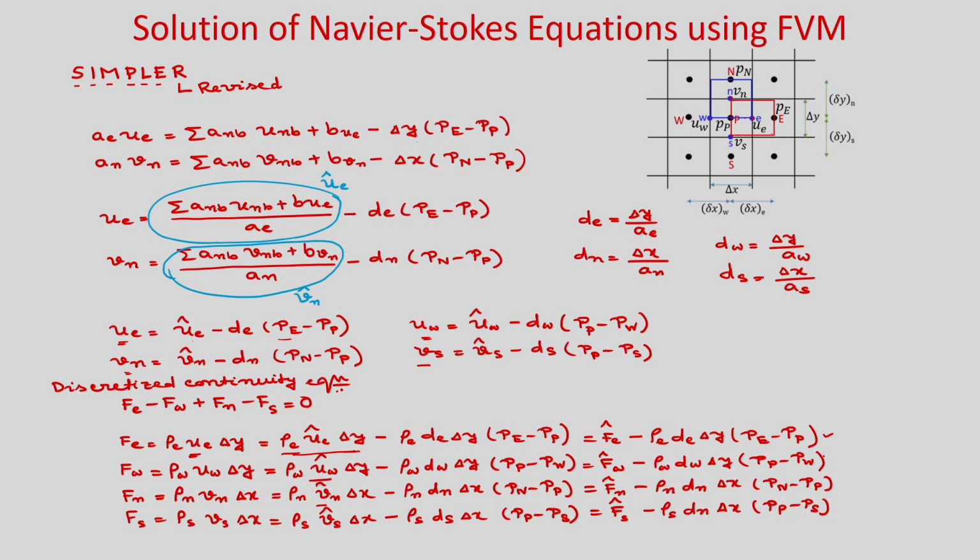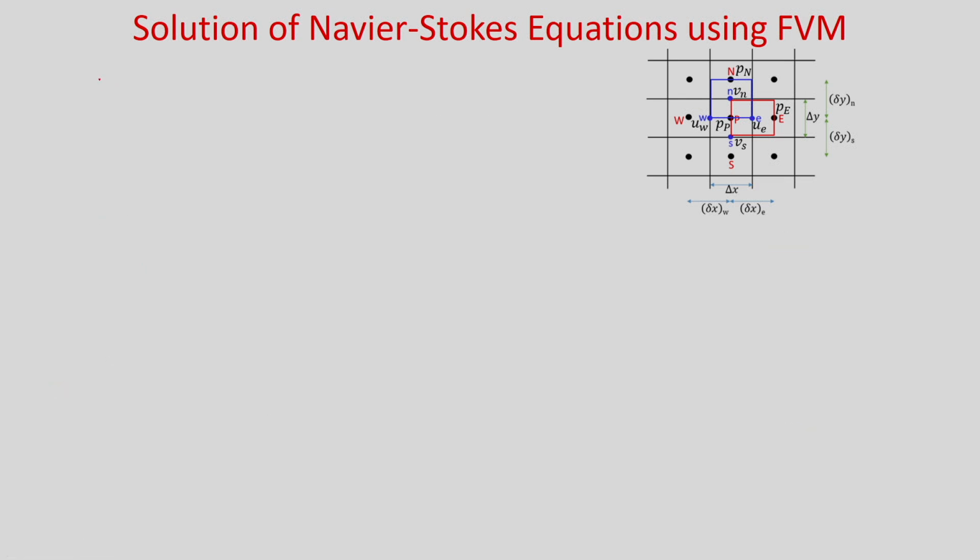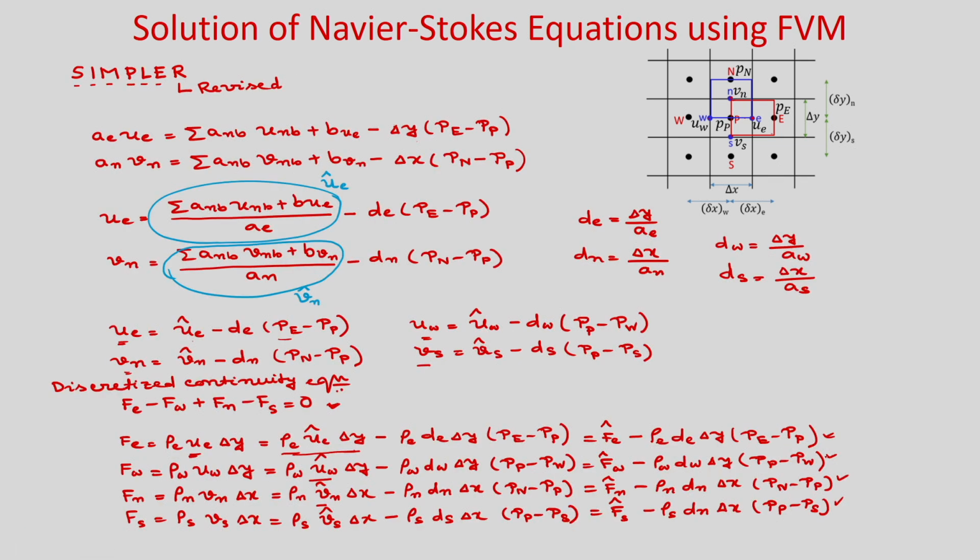So, now we will substitute in the discretized continuity equation. Okay. So, if you substitute, what you will get? We have Fe minus Fw plus Fn minus Fs is equal to 0. Okay. And now you substitute all these 4.